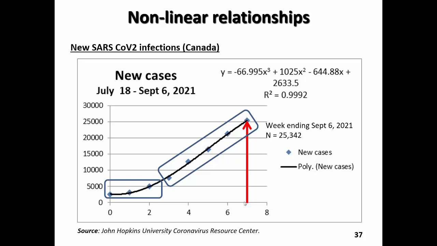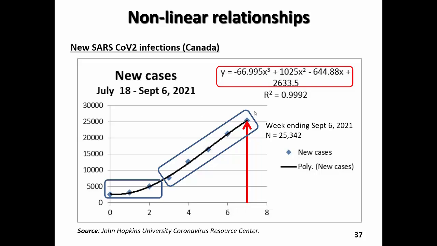And so if we take a look at week 7, for example, the week ending September 6, 2021, there were 25,342 new cases. And what this equation here is, this is the curve of best fit, exact same idea as the line of best fit with linear regression.